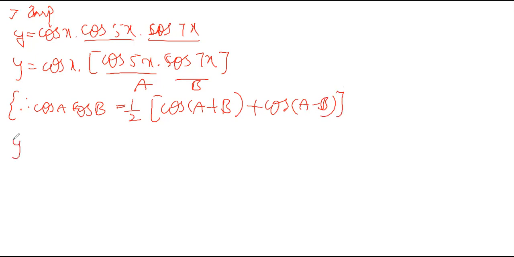I write here y equal to 1 by 2, that formula, 1 by 2, then into cos of A plus B. A plus B means 5x plus 7x is there. Okay, I write directly cos x as it is. Then into cos 12x, 5 plus 7 is 12. Then plus cos of A minus B, that is 7 minus 5 is 2, that is cos 2x.